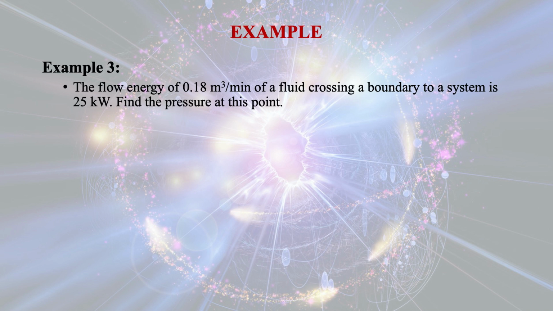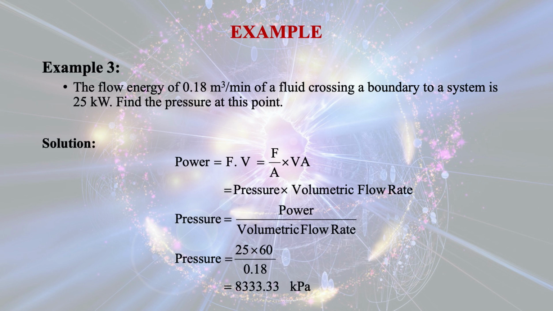Now let us discuss the third example. It is a very interesting problem. The flow energy of 0.18 meter cube per minute of a fluid crossing a boundary of a system is 25 kilowatt. Find the pressure at this point. Now we know very well that pressure is equal to force per area, but here power is given, and we know that power is equal to force into velocity.